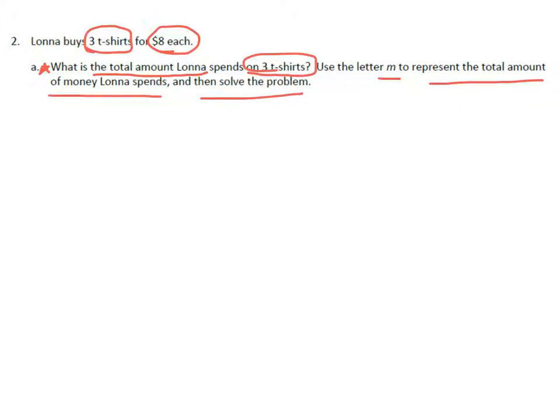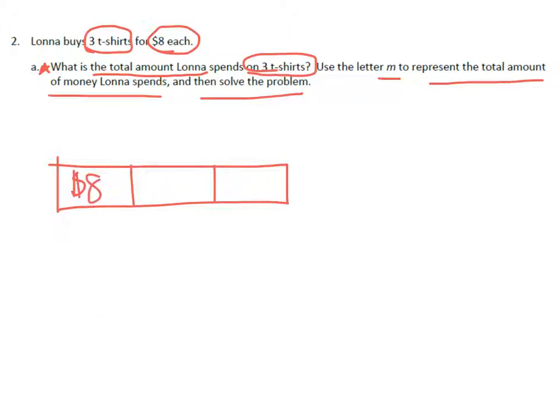So the first thing I'm going to do is draw a picture. I'm going to use a tape diagram. In the first part, it says that Lana buys 3 t-shirts. So I'm going to divide my piece of tape into 3 sections, 1 for each t-shirt. It says that they were $8 each, so I'm going to put $8 in each of the boxes.